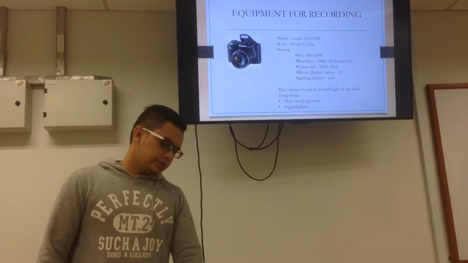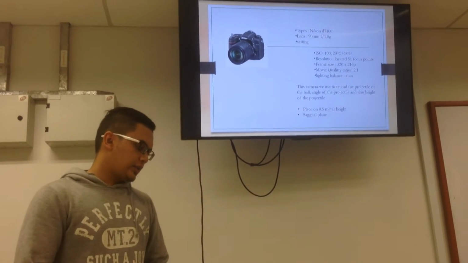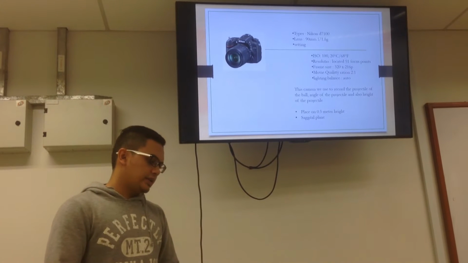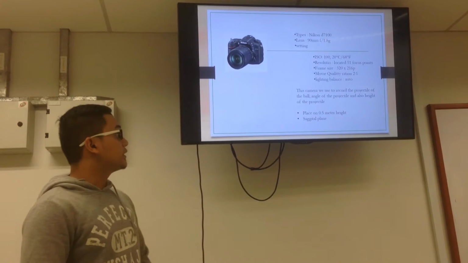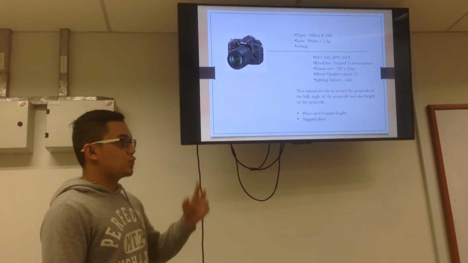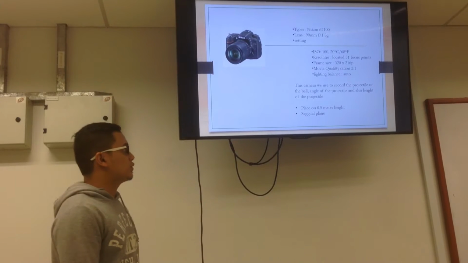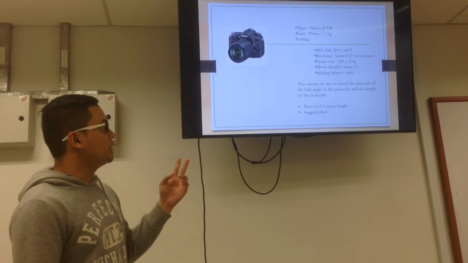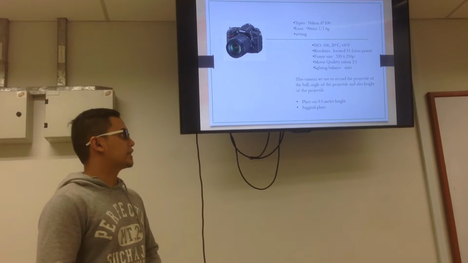Alright, for the second camera, we use a Nikon D700, and the purpose of the second camera is to record the projectile of the ball, the angle of the projectile, and also the height of the projectile.